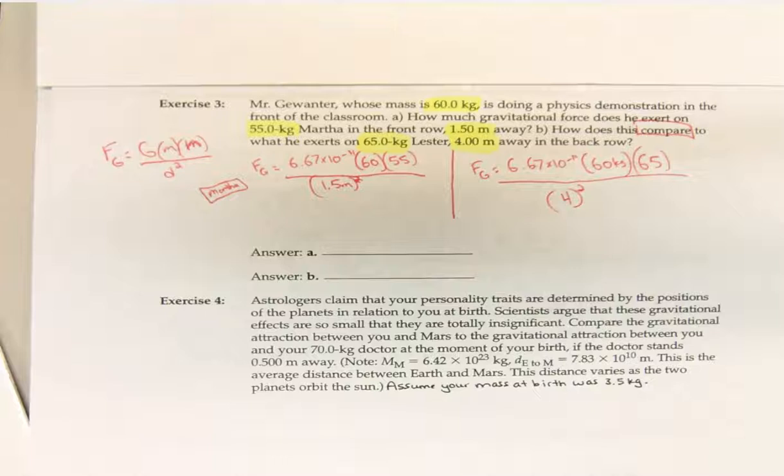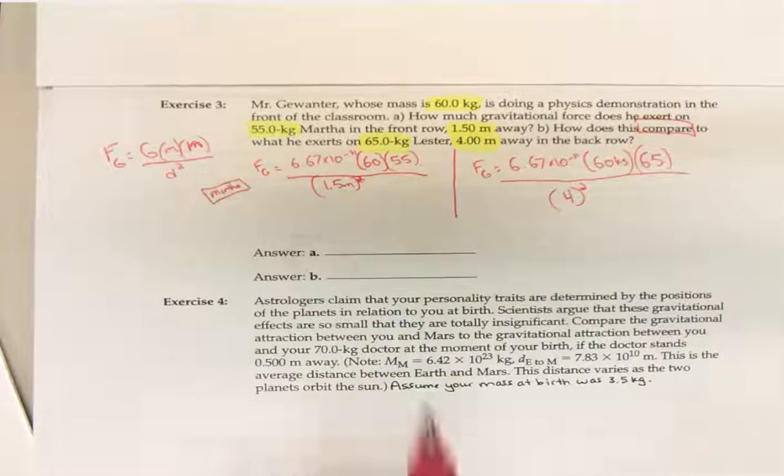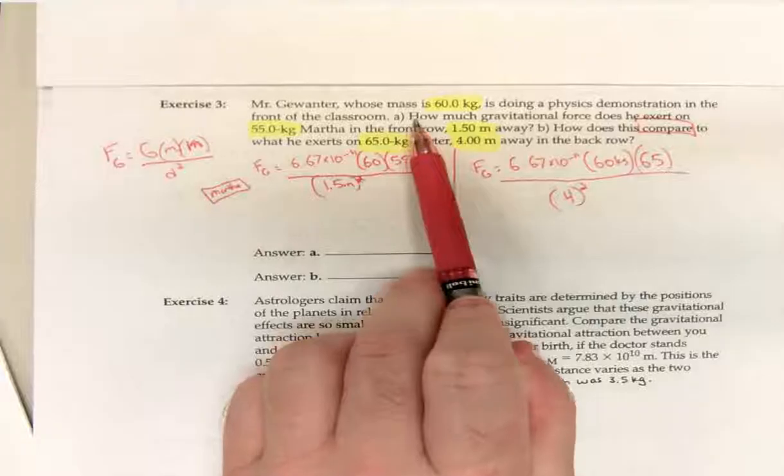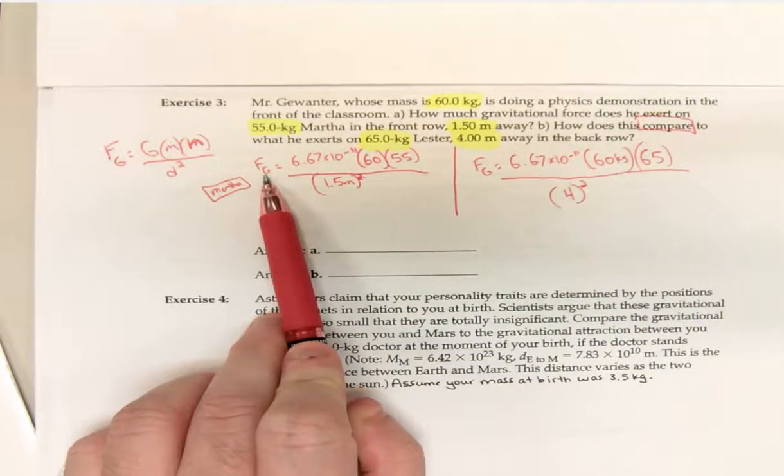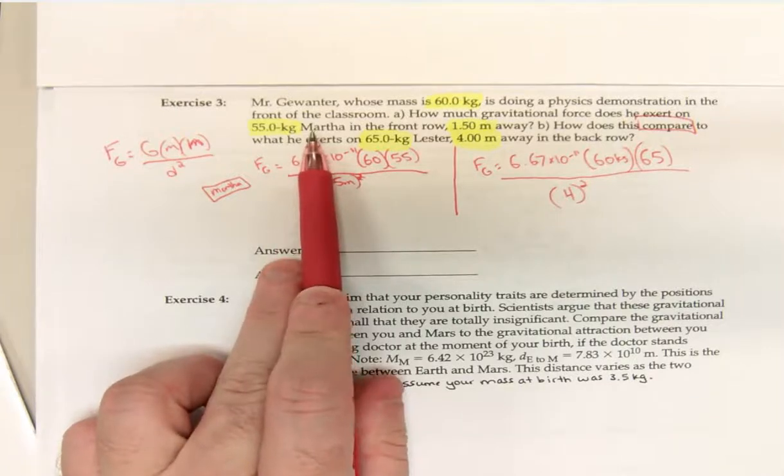So, I'll give you guys a second to calculate this, and I'll calculate it myself. Alright, so hopefully you did that. So let's do question A. Or let's do letter A. How much gravitational force did he exert on Martha, who was in the front row?